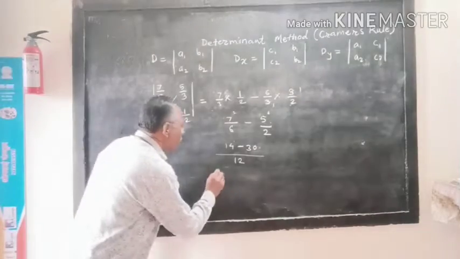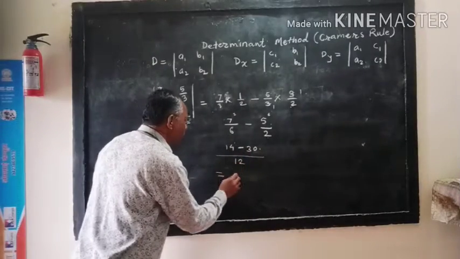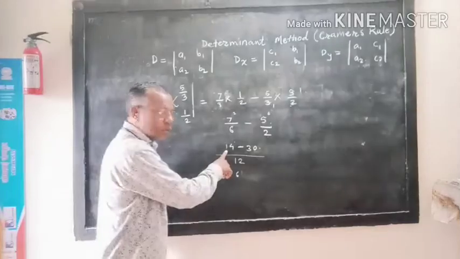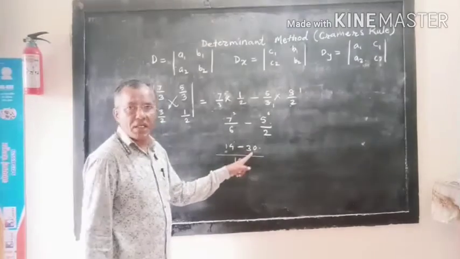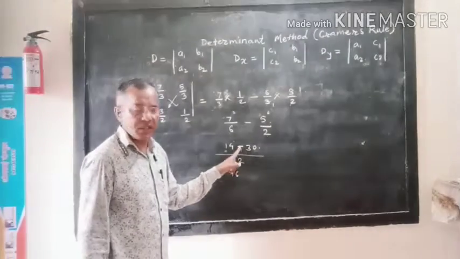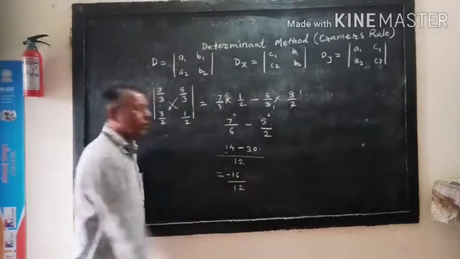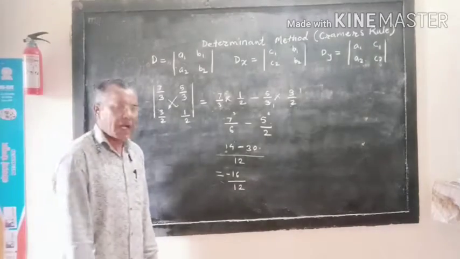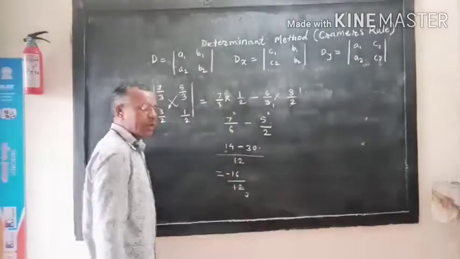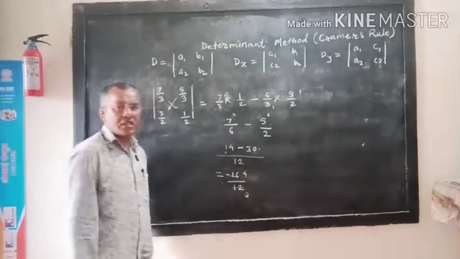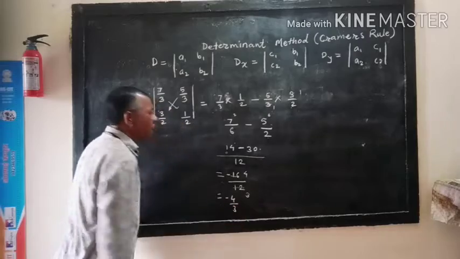Now 14 minus 30. 10 minus 4 is 6, carry on 1, 2 here, that is 16. But the greater number is 30 and its sign is minus, therefore the answer will be minus 16 divided by 12. And it will be cut by 4. 4 3s are 12 and 4 4s are 16. Therefore, it is equal to minus 4 by 3, is the answer.